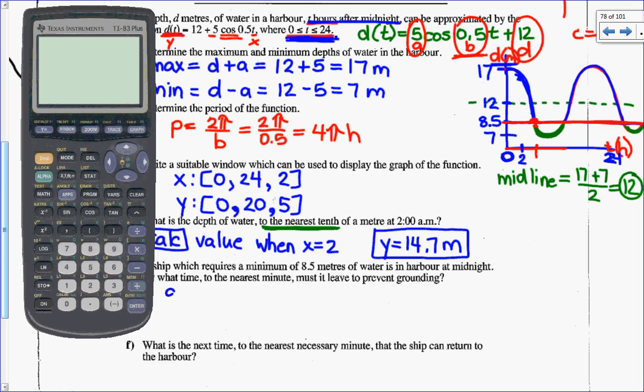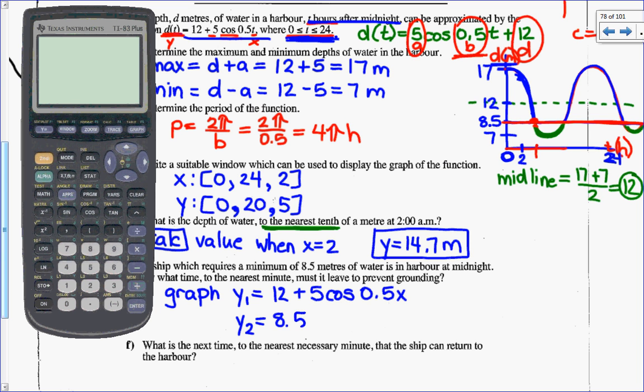Well, I'm going to graph two equations then. I'm going to graph as my y1 the original equation, which I can put in either format, the one they give me right here, or the rearranged format, either one, because they're the same thing. And then for my y2, I'm going to say my y has to equal 8.5.